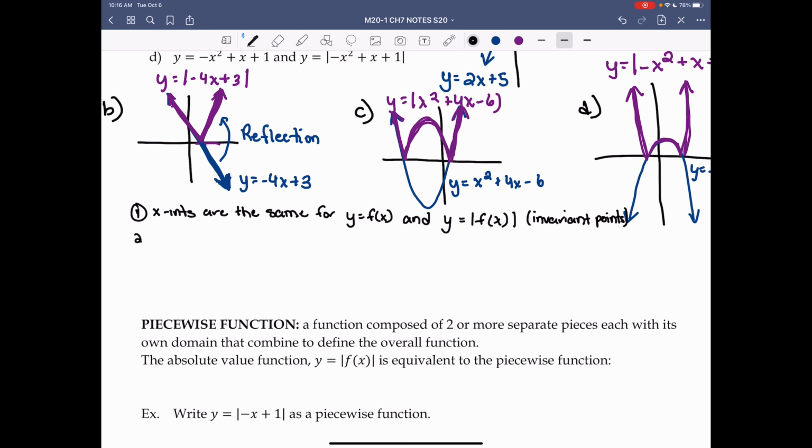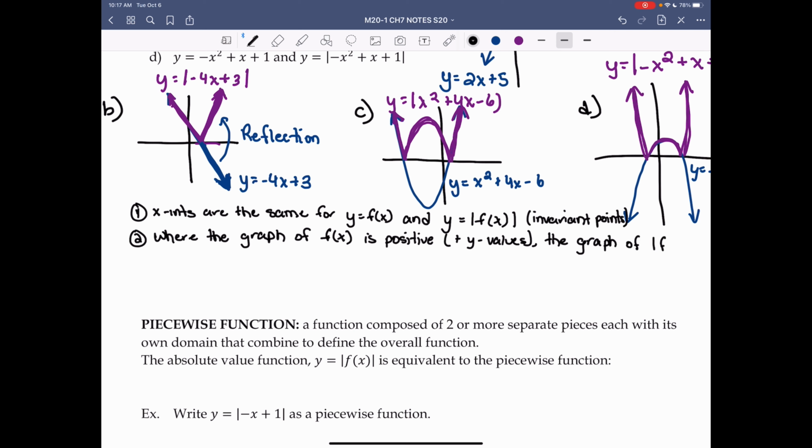The next thing we saw is where the graph of f of x is positive, so positive y values, the graph of absolute value of f of x is the same as the graph of f of x.